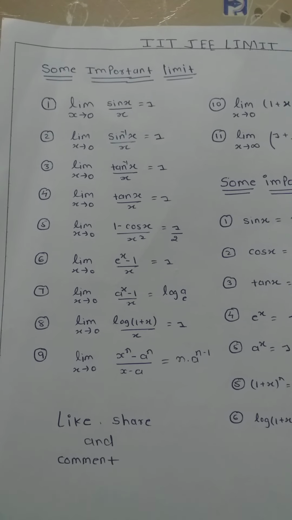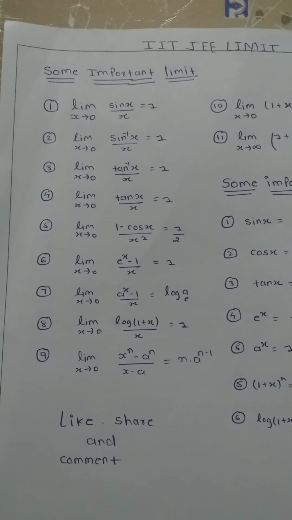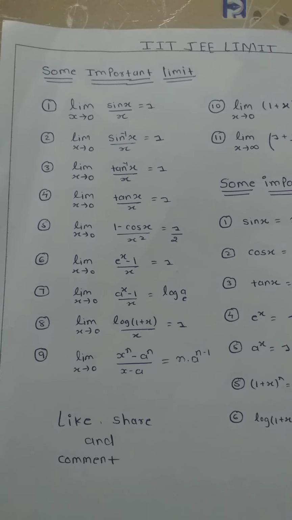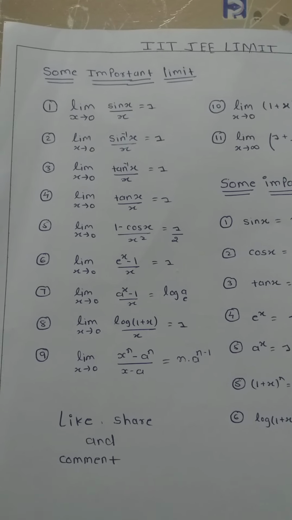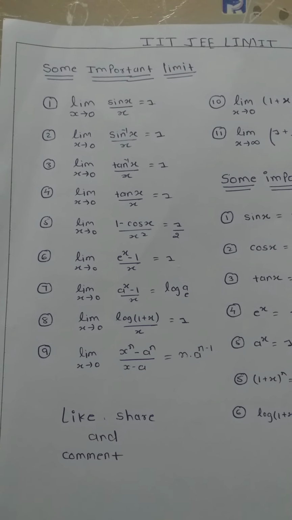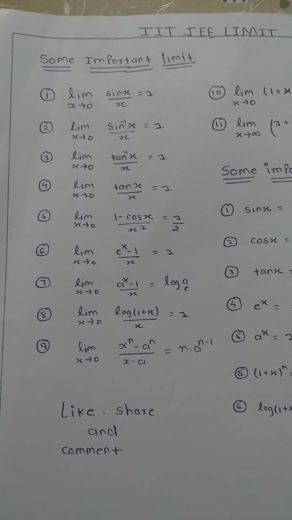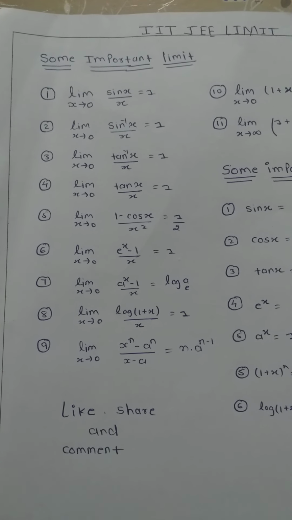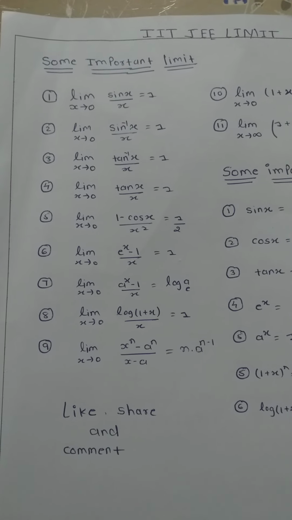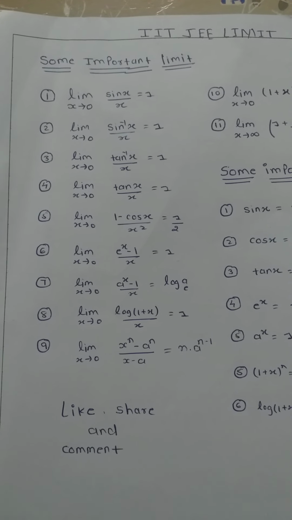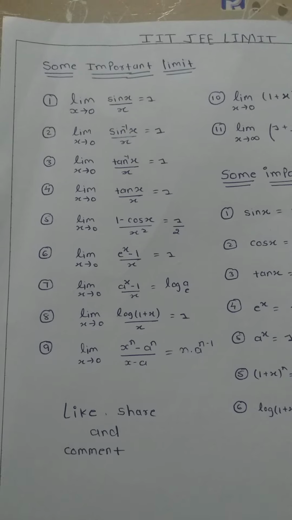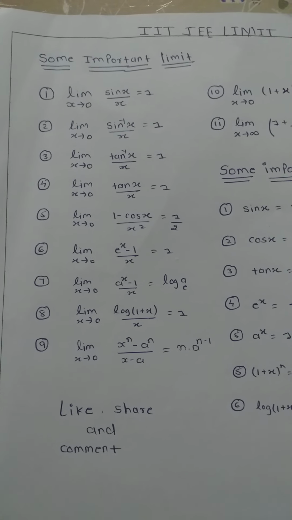These five formulae can be easily verified using L'Hospital's rule because as we put the limits, the value of the function is 0 by 0, which is the standard form to apply L'Hospital's rule. The sixth formula is limit x tending to 0 (e to the power x minus 1) by x is equal to 1, and the seventh is limit x tending to 0 (a to the power x minus 1) by x is equal to log a to the base e.